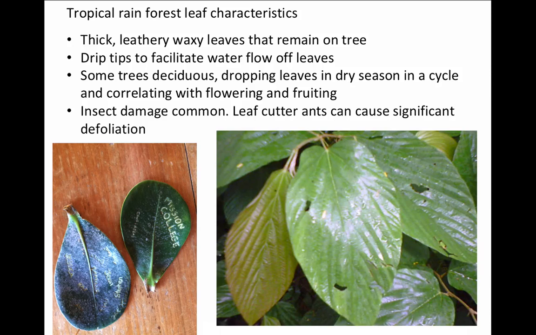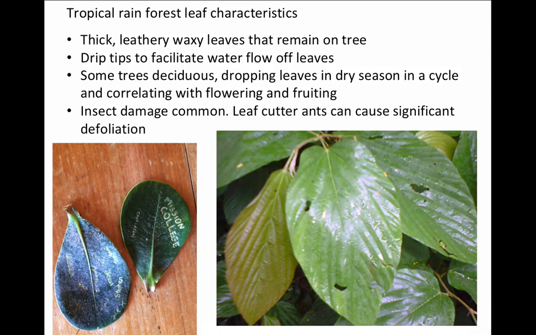Some trees are deciduous, that is, they drop their leaves. We see that here in the temperate ecosystems, but often when we think about trees dropping leaves, it's like fall time, whereas in the tropics, it's not that.